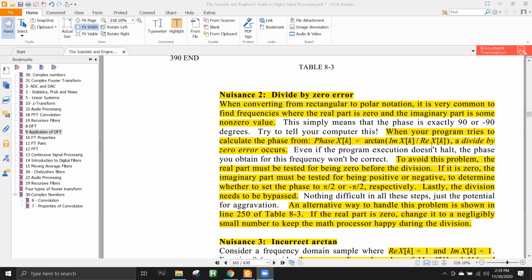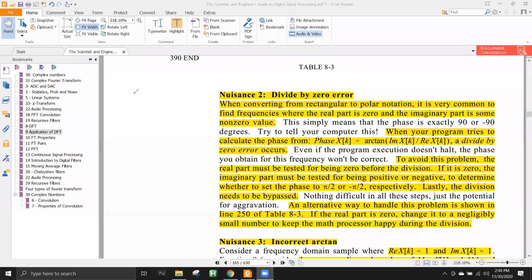If the real part is non-existent, that means it will be 0. If ReX[k] for any particular index is 0, and only ImX[k] is there, suppose it is some non-zero real value, then you get a division by 0 error, and your computer won't be able to execute this, even though it should be executable.